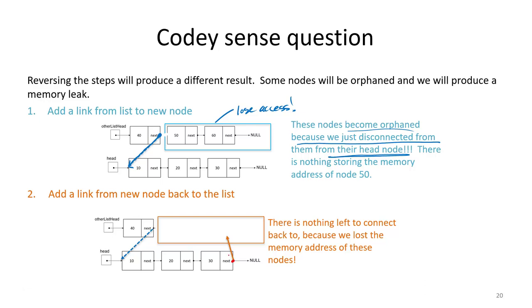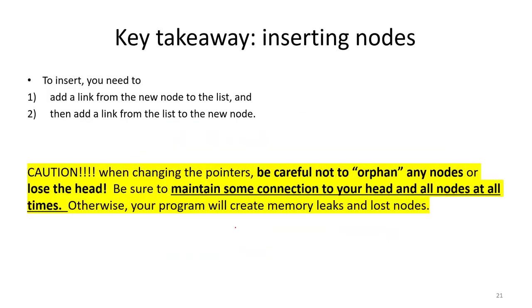Notice then if we tried to connect our node back to the existing list, there would be nothing left to connect to because we no longer know the memory address of those nodes. So you need to be really careful. The key takeaway here is when inserting nodes, you first connect the new node to the existing list, and then add that connection from the existing list to the new node.